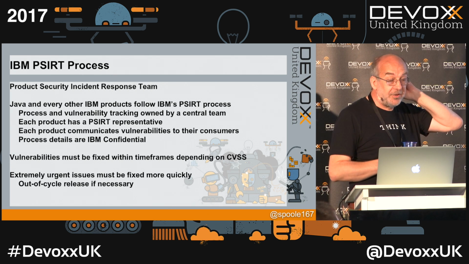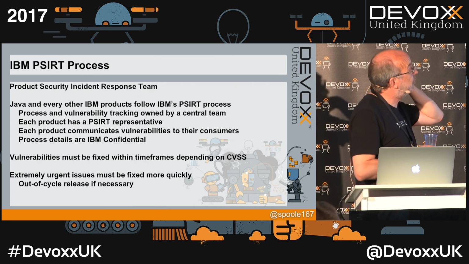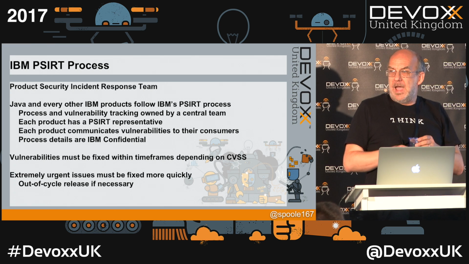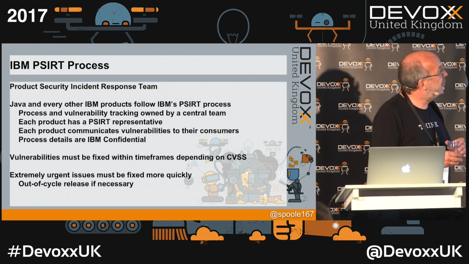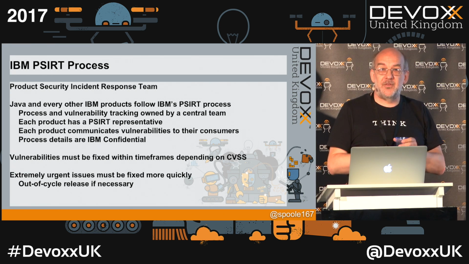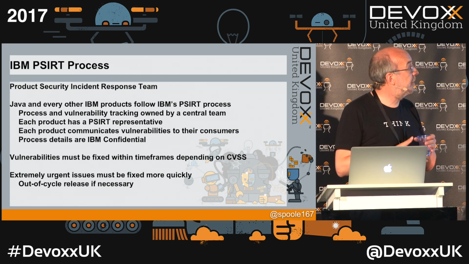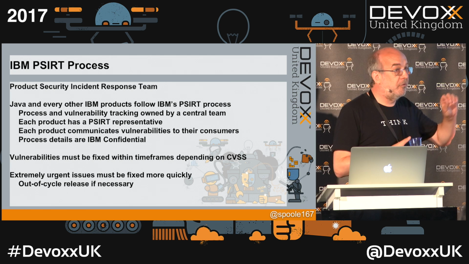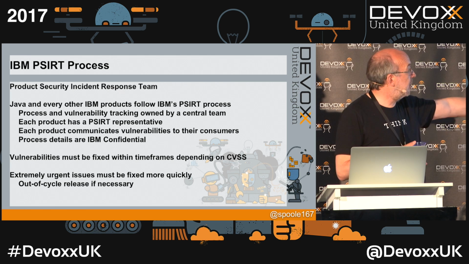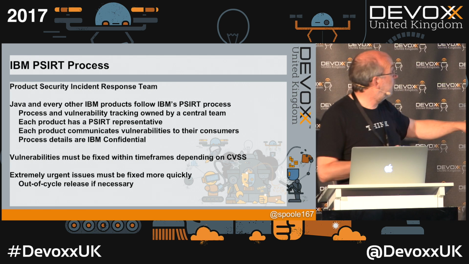IBM has a PSIRT, the Product Security Incident Response Team, which has been around forever, I think. It's not just a Java thing. IBM obviously is very careful about security. It's something we focus very heavily on, and so there are lots of activities going on.